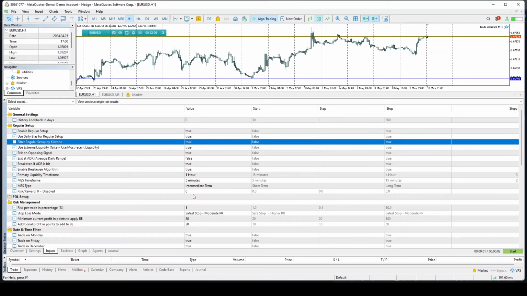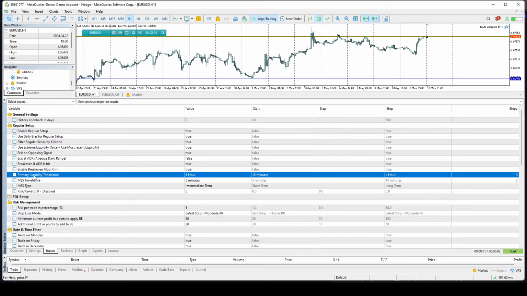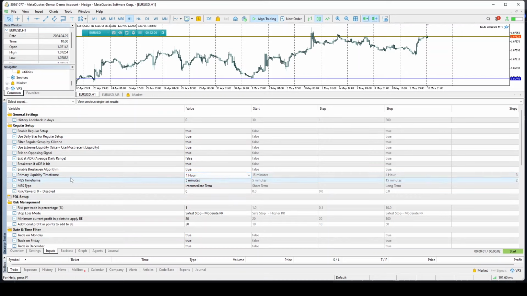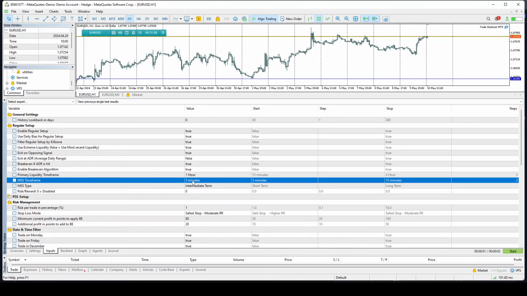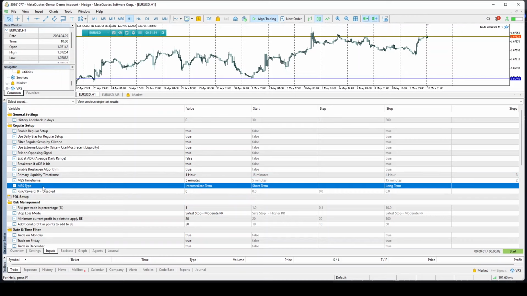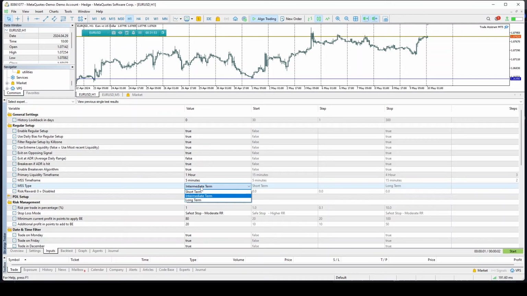Okay, I'm just going to leave the default on order. As you can see, the primary liquidity time frame takes liquidity on the 1 hour time frame and market structure shift on the 5 minutes, right? So that is basically what the setup is based on. And the market structure shift is based on intermediate term highs and lows.